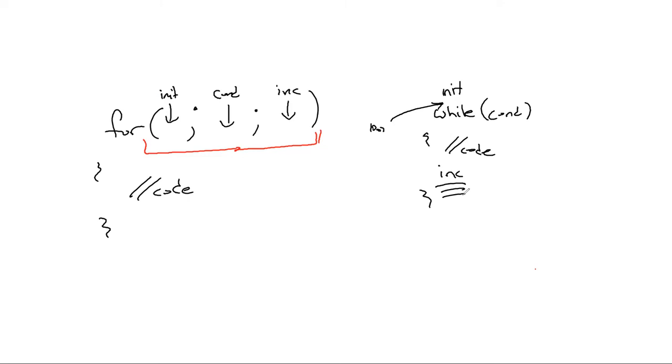Now, when I say incrementing loop, I don't just mean a counting loop. For example, if you want to traverse a linked list from the head all the way to the tail, or all the way to the null at the end, right off the tail. The simple way to do it and the right way to do it would be using a for loop, right?